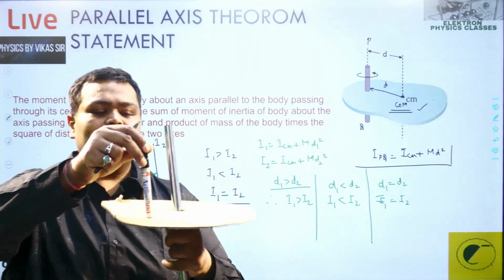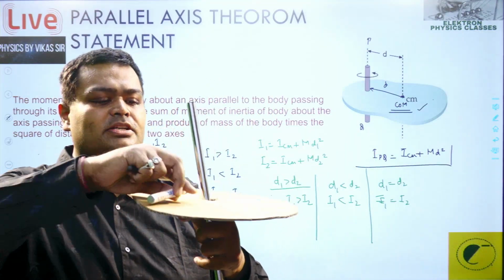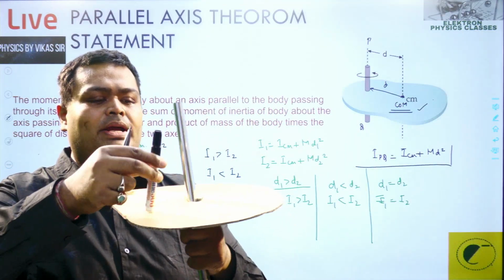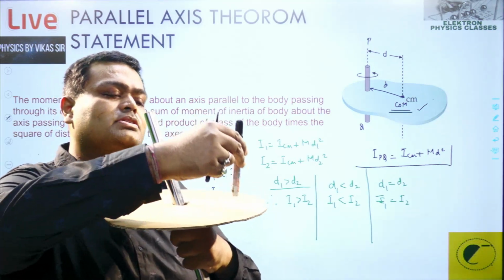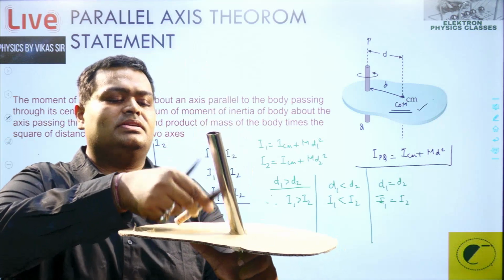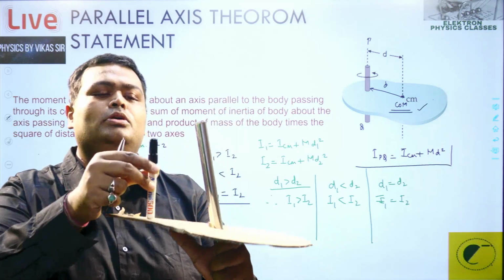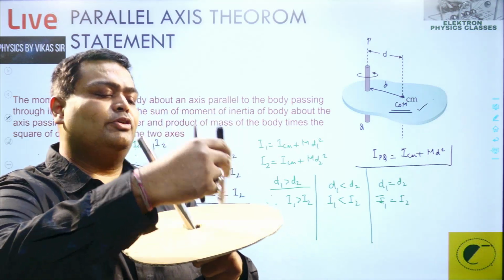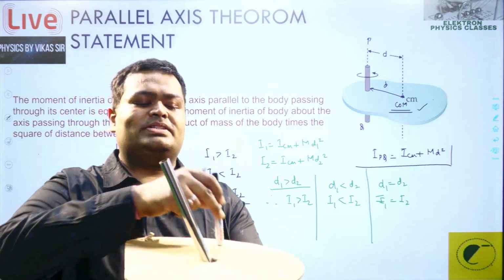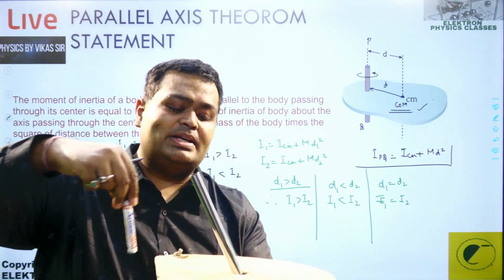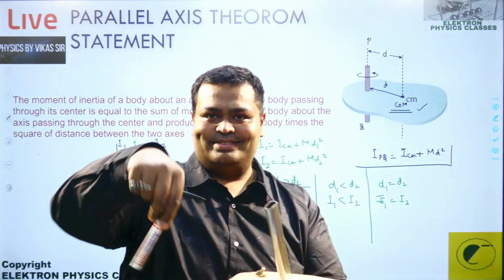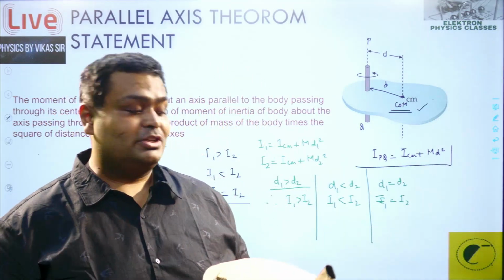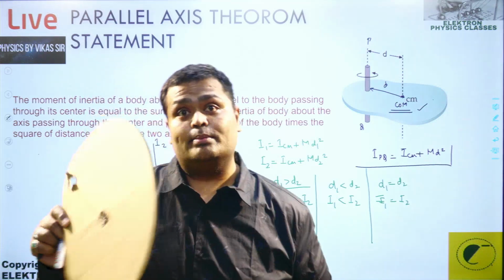I can have an axis here, the distance is this much. I can have an axis here, the distance is this much. So all these axes will be parallel and equidistant from here, and all these axes will have the same moment of inertia, and their locus can be a circle like this. So there can be infinite axes which have the same moment of inertia.